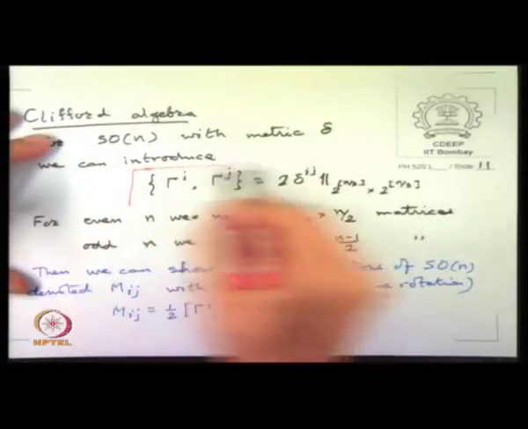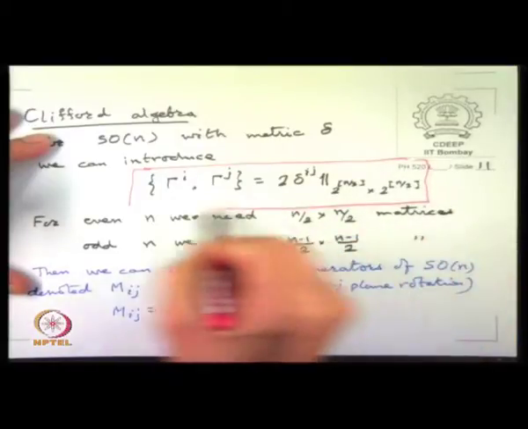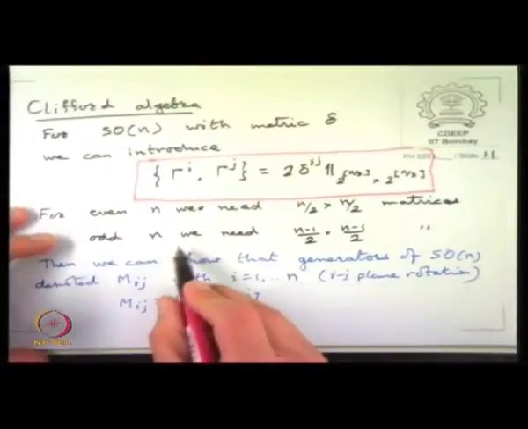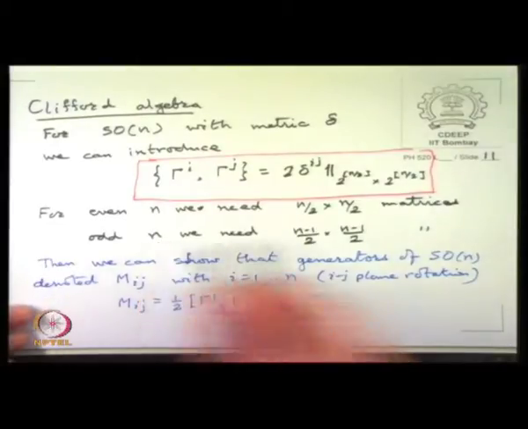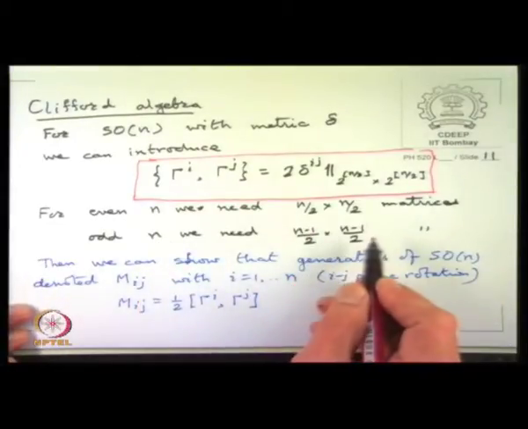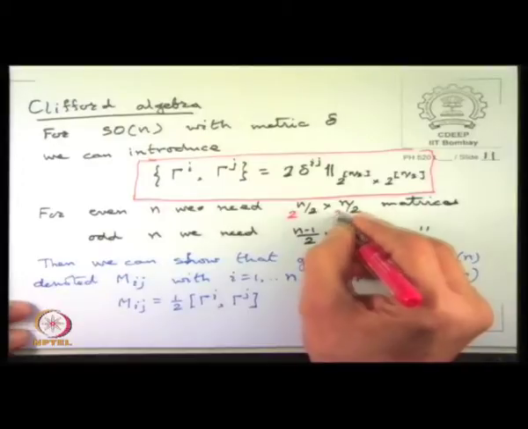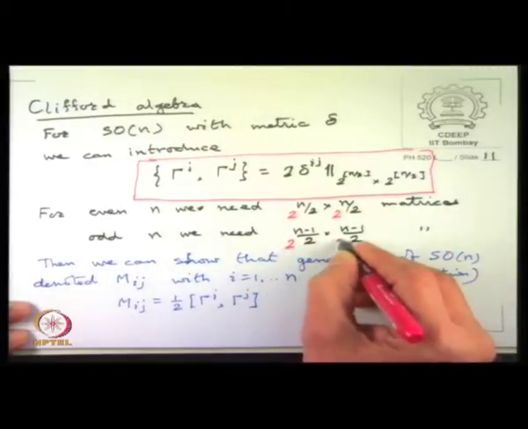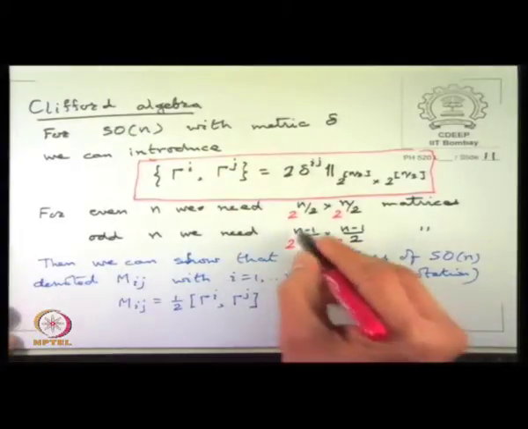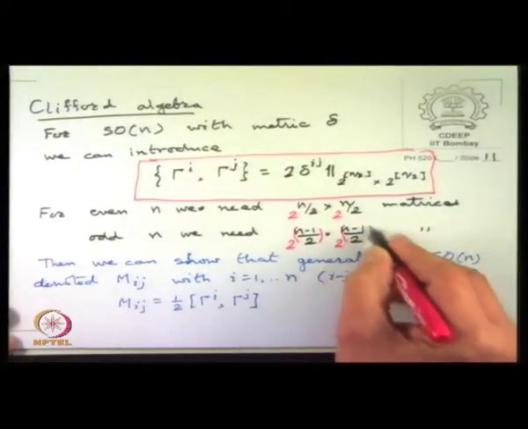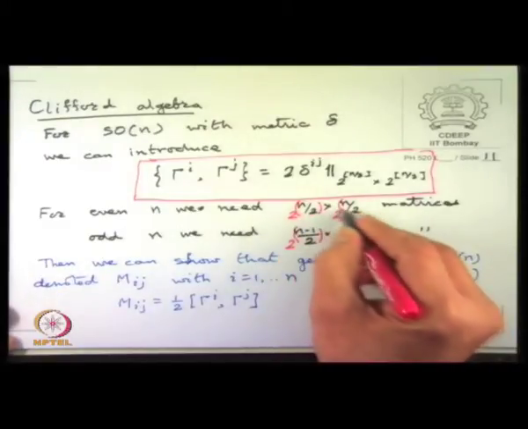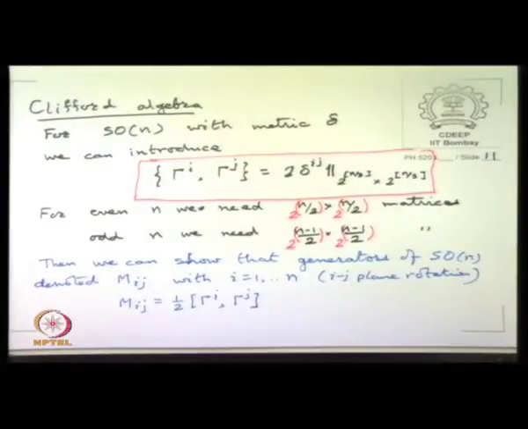Okay, so let me just check. If we have 3 dimensions, then we still need 2 by 2 matrices, 2 to the power 1. So 2 to the power 1 works for dimension 2 as well as 3.